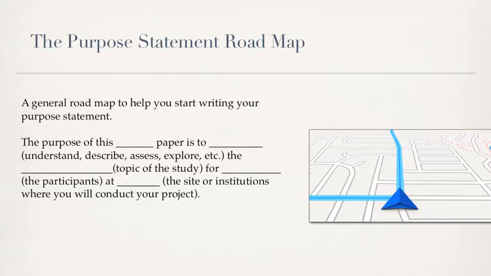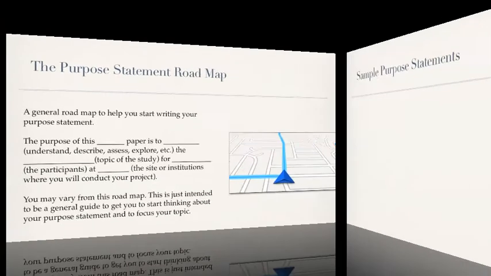Now, I want to be clear that you can vary from this roadmap. This is just intended to be a general guide to get you started thinking about your purpose statement and the focus of your topic. So let's now take a look at some of the actual purpose statements of some successful capstone projects in this master's program and what they did in their purpose statements.